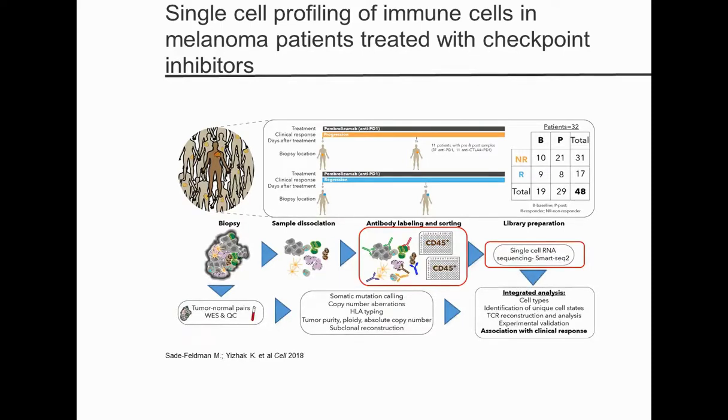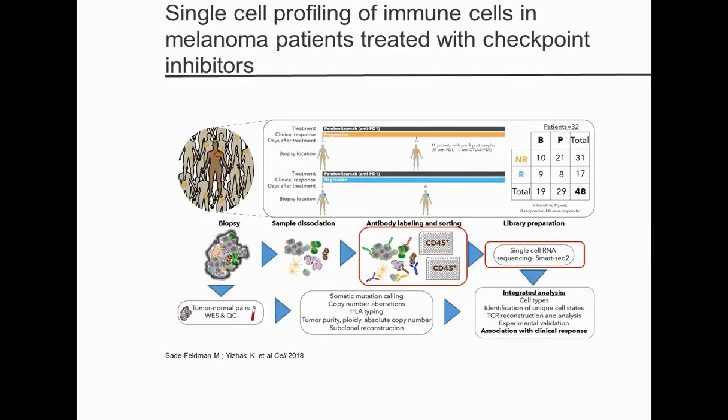The cohort that we analyzed was composed of 32 patients, and as you can see in the upper right part, it breaks down the cohort distribution. We had 31 non-responding lesions taken from patients treated with checkpoint therapy. We had 17 responding lesions taken at baseline or on treatment, and we also had 11 patients that had matched pre- and on-therapy samples.